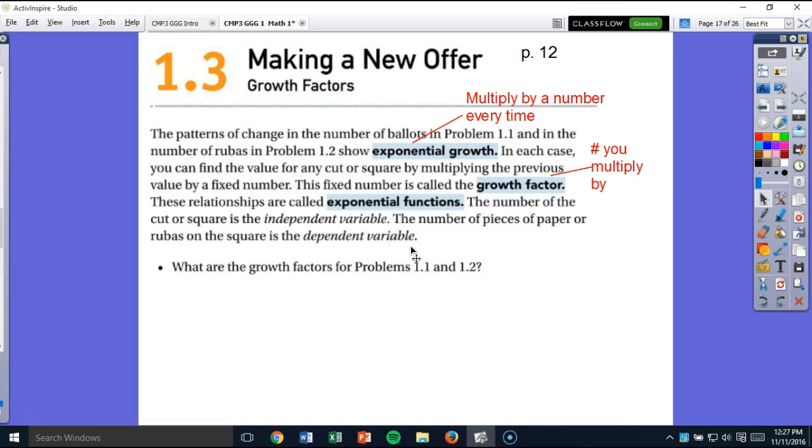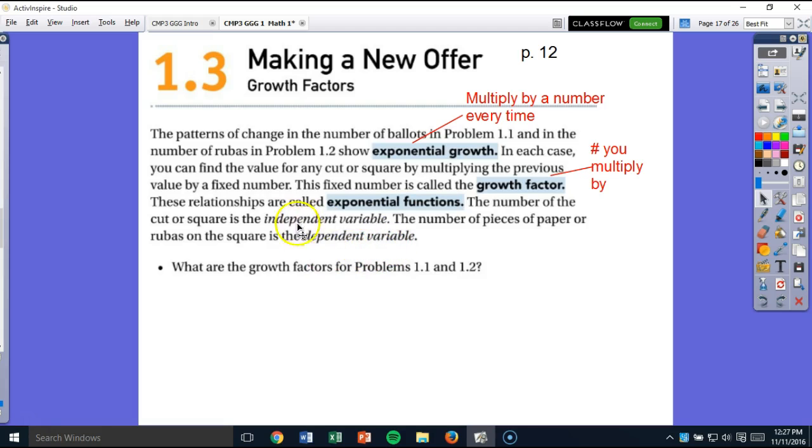So we're going to have a y, or whatever letter, y equals, we're going to have our growth factor to the power of an independent variable of x, or n, as we like to use for exponential numbers. So the number of pieces of paper or rubas on the square is the dependent variable.